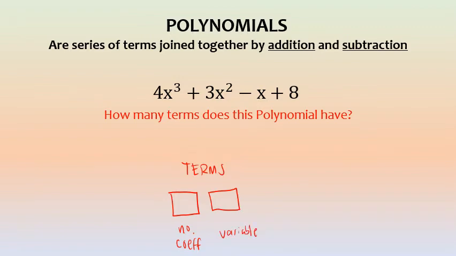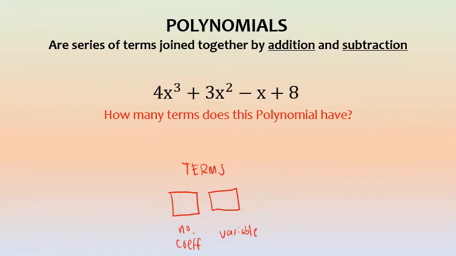So given this definition, na pinag-usapan natin kanina, how many terms do you think does this polynomial have? So if you say, sir, meron po tayong number of coefficient and meron po tayong variable, we only have two terms. Kasi ito lang yung meron, no? So the number of terms this polynomial have is only two. Because 4x cubed plus 3x squared, ito lang po yung may number or may coefficient and a variable combined. So, tama kaya yun?